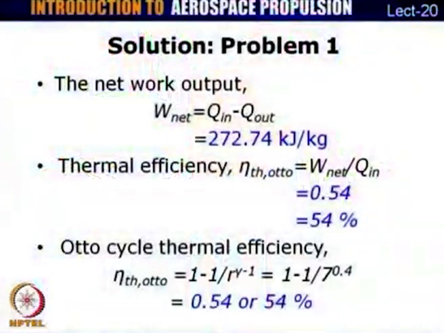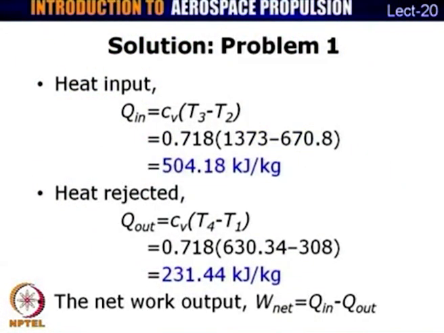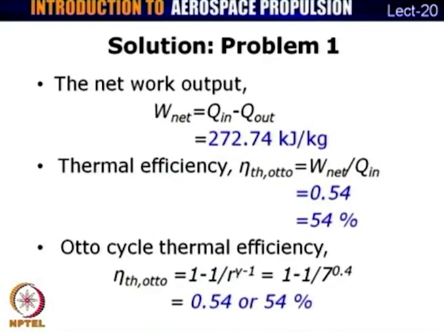Q in was calculated previously as 504.18, Q out as 231.44. Therefore, W net is equal to 272.74 kilojoules per kilogram.